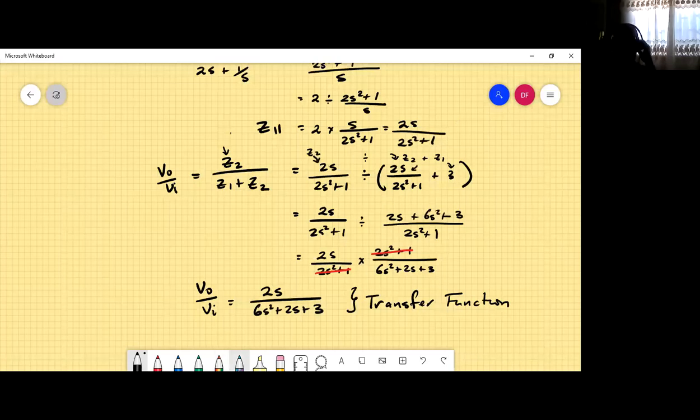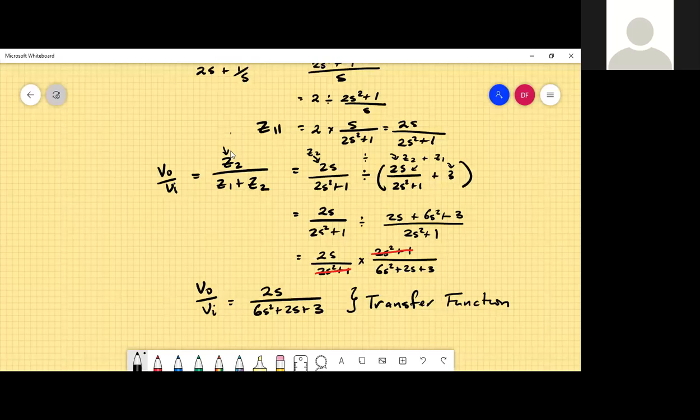Right, so we can ask ourselves some questions, but there's some other things I want to cover. So do you define transfer function?